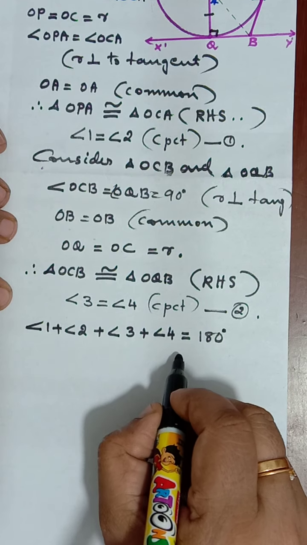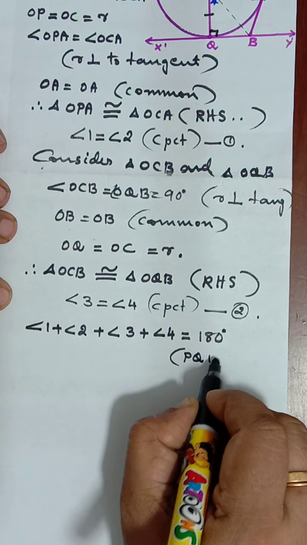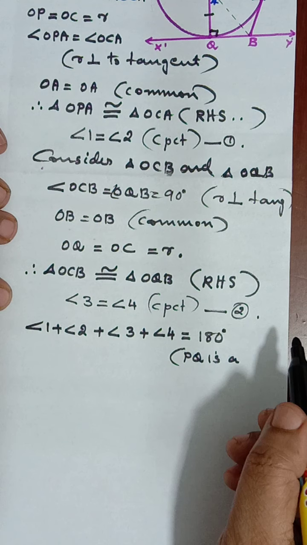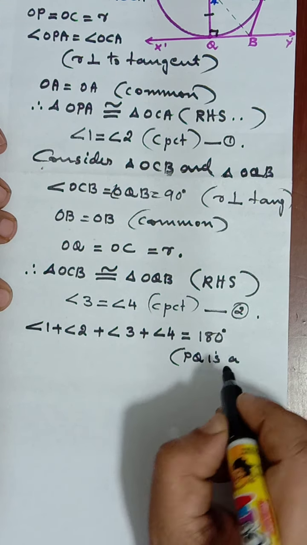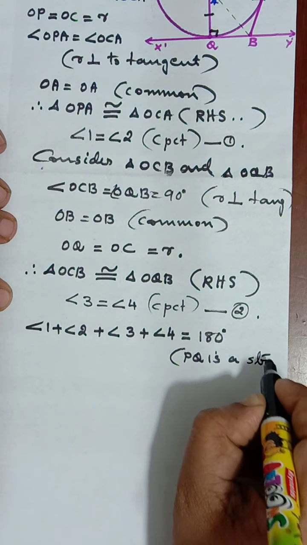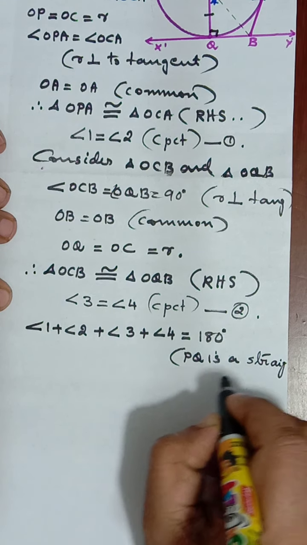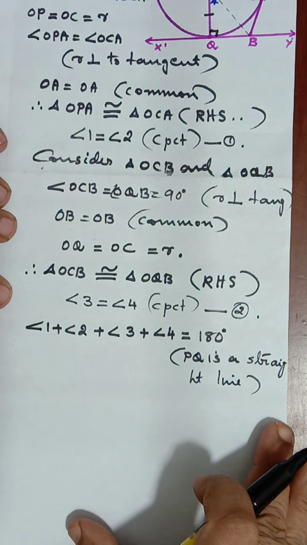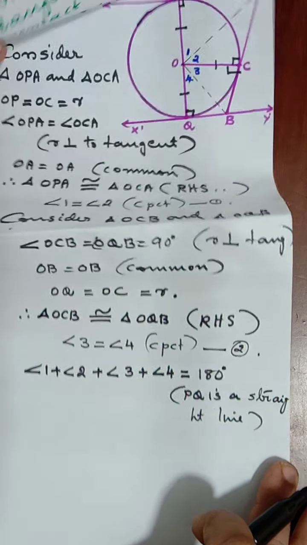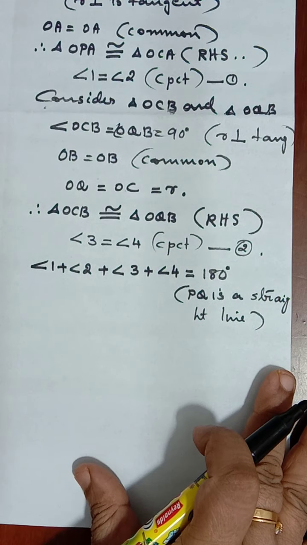What is the reason? PQ is a straight line or POQ is a straight angle. Therefore, all this sum equal to 180 degree.